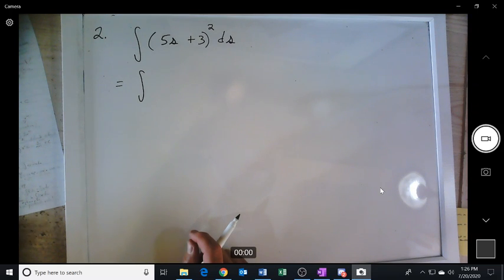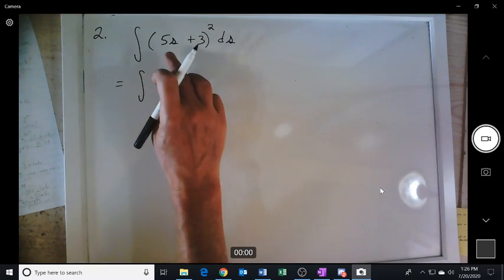What power will be on the S when we're done? The highest power that will be on the S when we're all done. Wouldn't it be a 2?